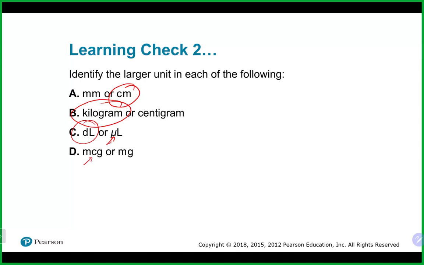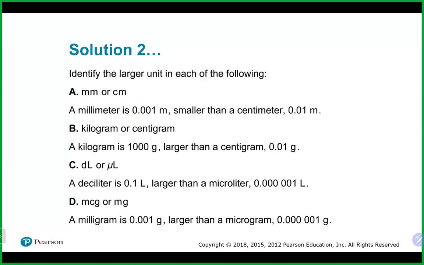I don't know why they flip around the symbols there. Milligrams, yes, then micrograms. Like I said, they bounce between these 2 symbols. I don't know why they don't just choose one or the other.